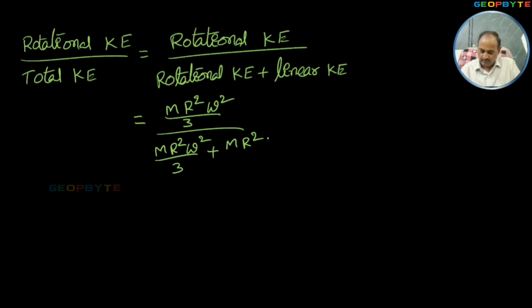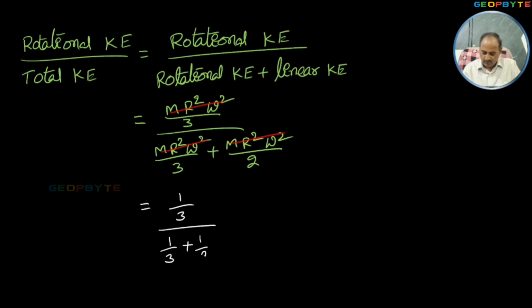The m r square omega square cancels. Finally it is 1 by 3 divided by 1 by 3 plus 1 by 2.